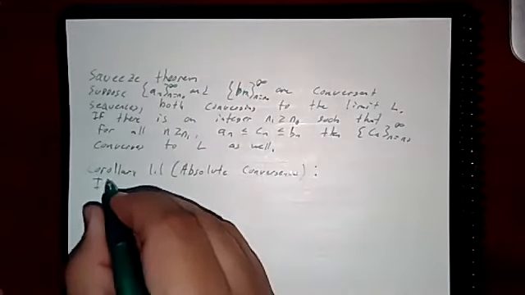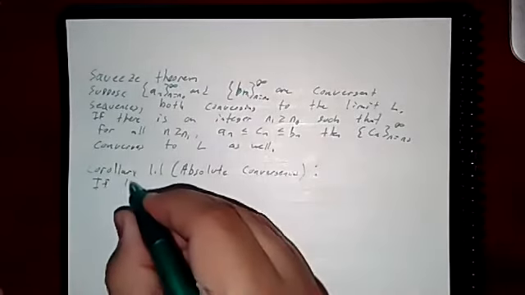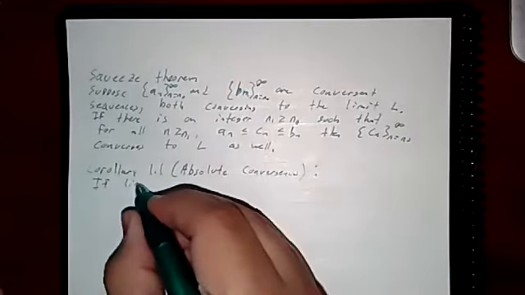So if the limit as n goes to infinity of the absolute value of the sequence a sub n is equal to 0, then the non-absolute value also converges to 0. That's just a side note.